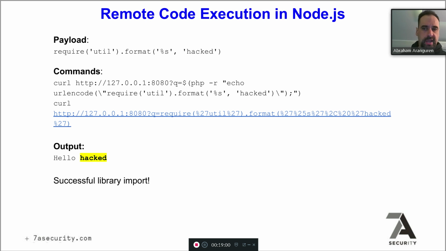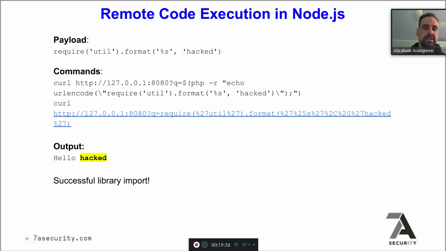Another thing we can try is to load different Node.js modules, right? For example, we can require the util module and then format a string with the content "hacked". Another thing we can do is use PHP like this: php -r and then echo urlencode of this, which will return the URL encoded payload, a little bit easier for us to play with.